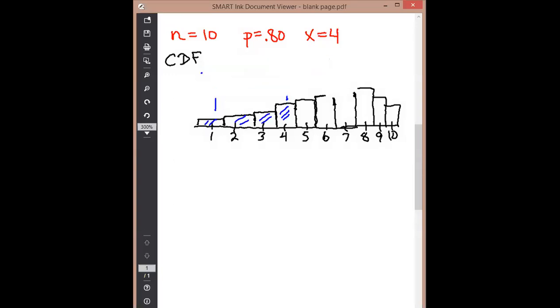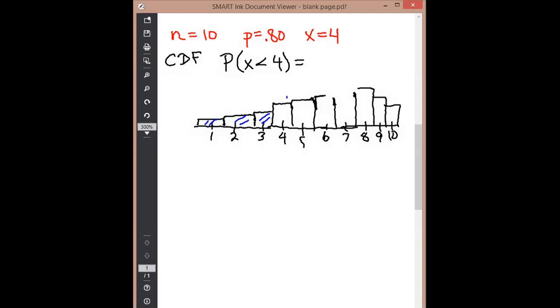I'm going to mess some of this up and have to redraw it, but that's okay. Suppose you want the probability that x is strictly less than 4. There is no "or equal to." Well, what do you have to do for that? You need to put it in terms of "or equal to."